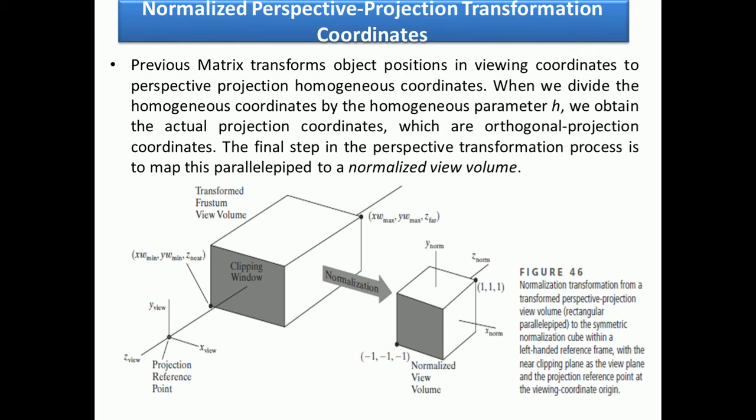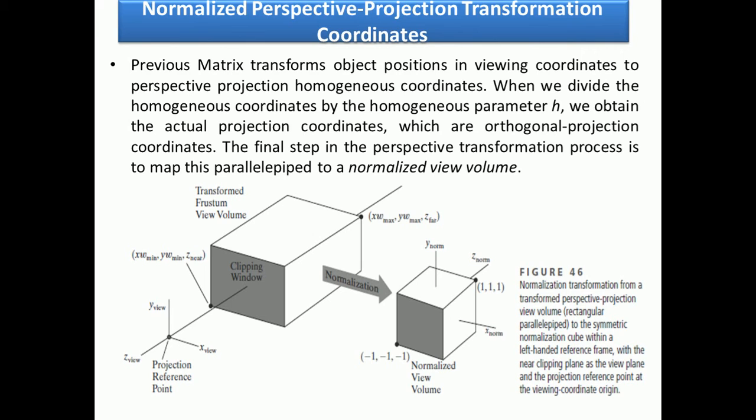So this perspective projection transforms all the points within the frustum view volume to positions within a rectangular parallelepiped view volume. The final step in the perspective transformation process is to map this parallelepiped to a normalized view volume. Here we follow the same normalization procedure that we used for a parallel projection. The transformed frustum view volume, which is a rectangular parallelepiped, is mapped to a symmetric normalized cube within a left-handed reference frame.